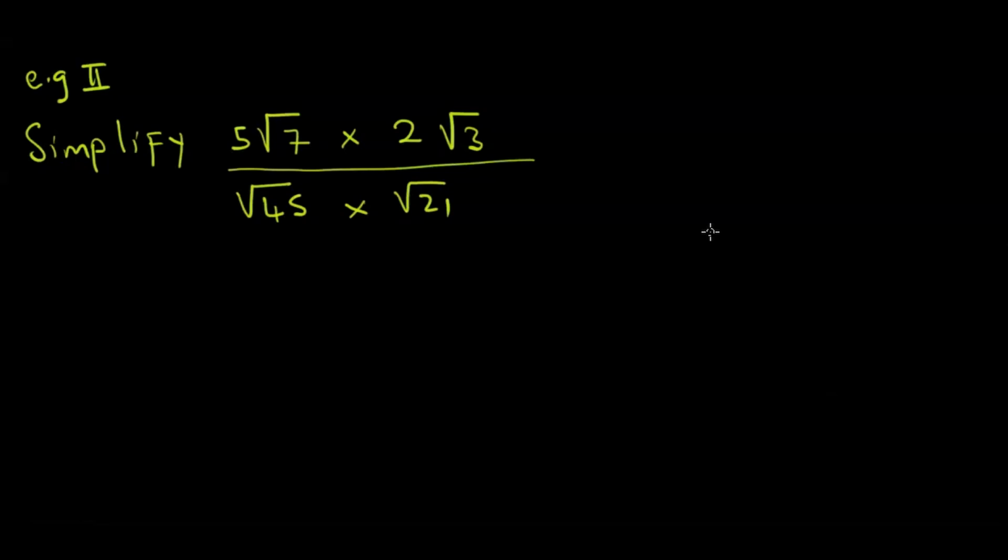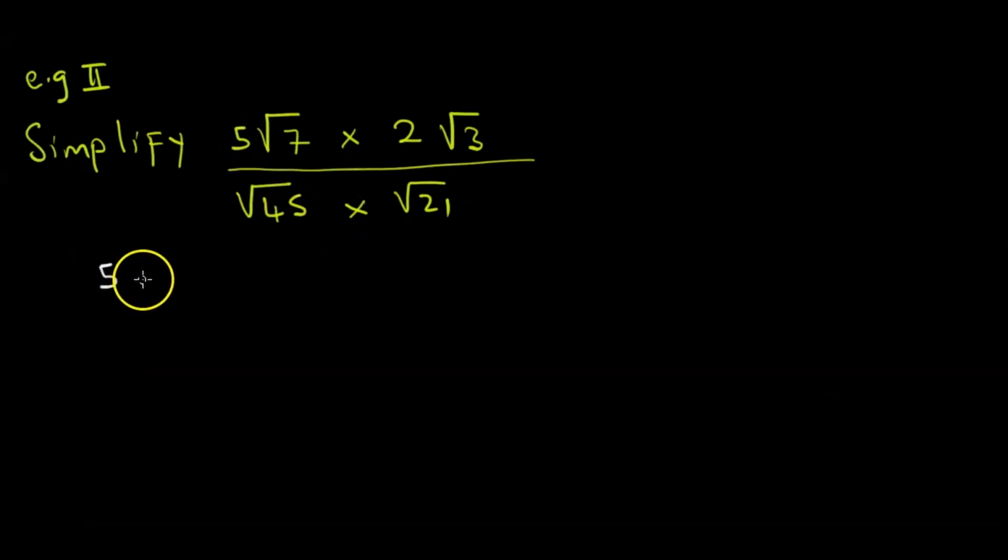So we see that at the top of our fraction we cannot simplify any further. What we are going to do then is look at the denominator. We have the square root of 45. We also have the square root of 21. So what is below works with them.